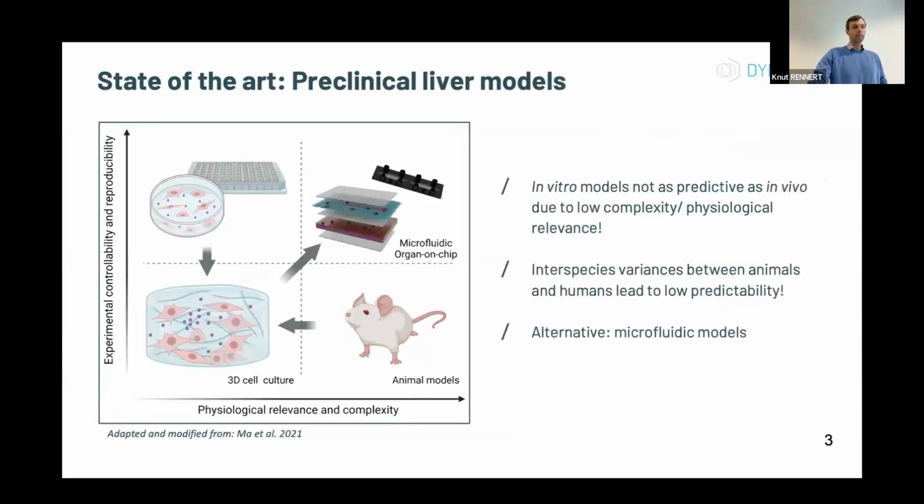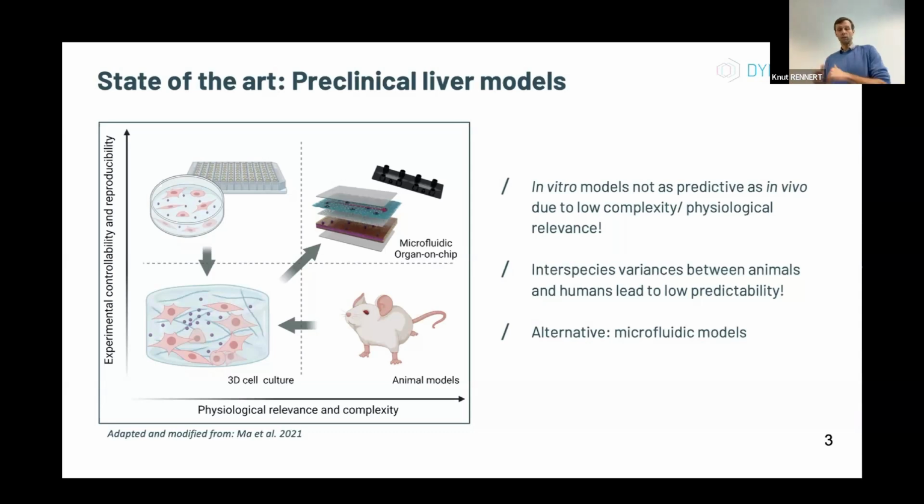To uncover the occurrence of drug-induced liver injury before human clinical trials, preclinical investigations are performed. You know this already: 3D culture, 2D culture, rodent models, and so on. All these models have their advantages and disadvantages. 2D cell culture is good for reproducibility and controllability, but the physiological relevance is really low.